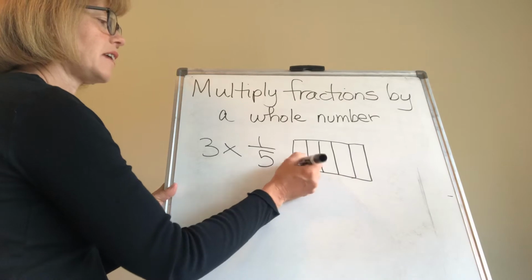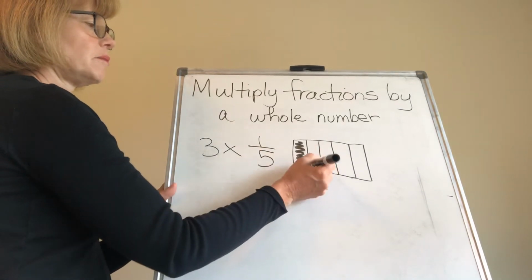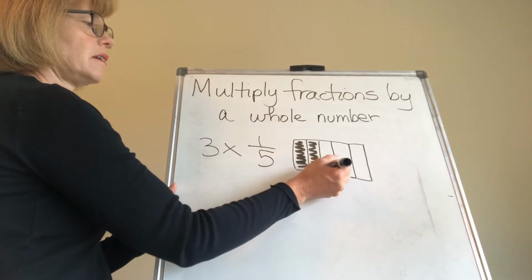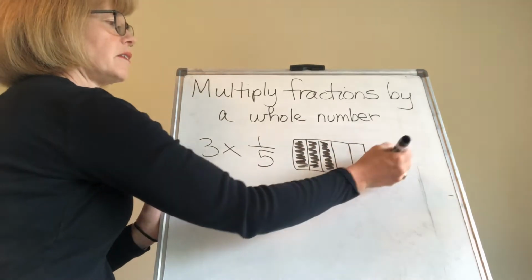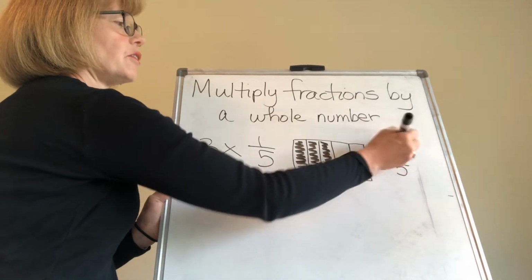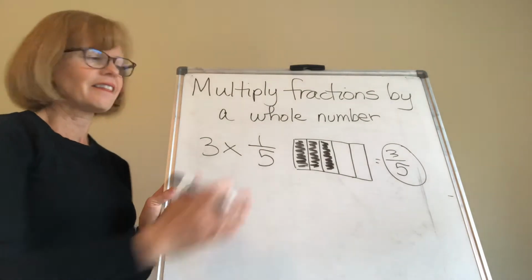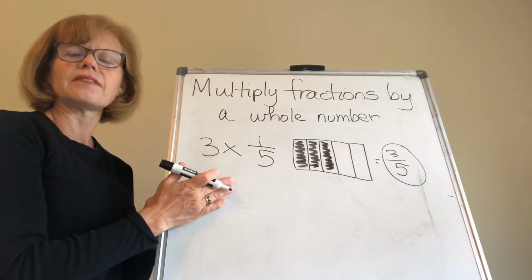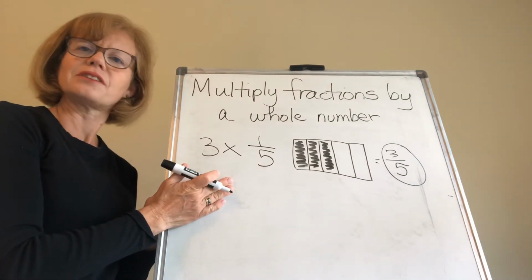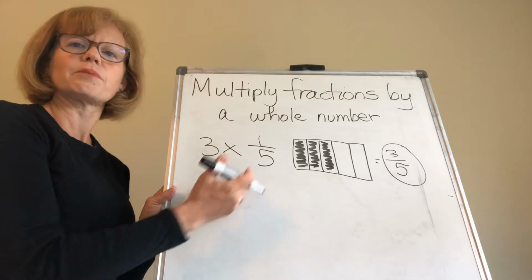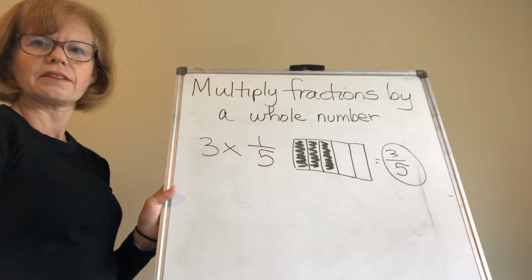All right, that means I have 1/5 plus 1/5 plus 1/5. I have 3/5. This is a model of this multiplication equation. I'm just saying I have 1/5 plus 1/5 plus 1/5.